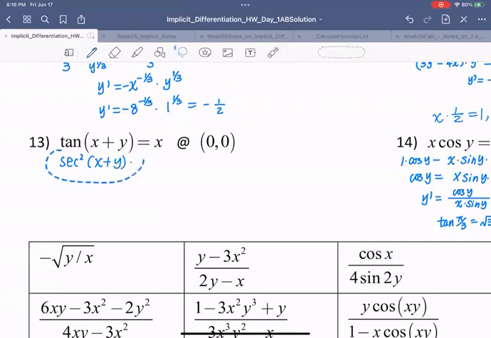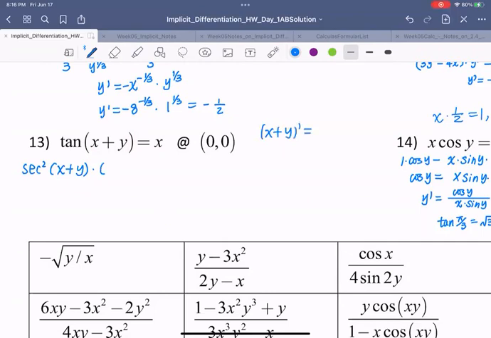So far, so good? Times who? Not y prime. X plus y derivative, right? Yes, x plus y derivative is who? It's this guy derivative plus this guy derivative. Who is this guy? 1 plus y prime. Equals secant squared x plus y. Hold on.